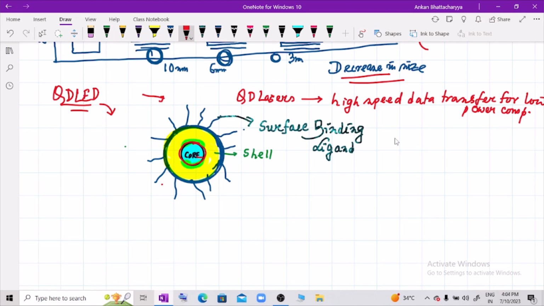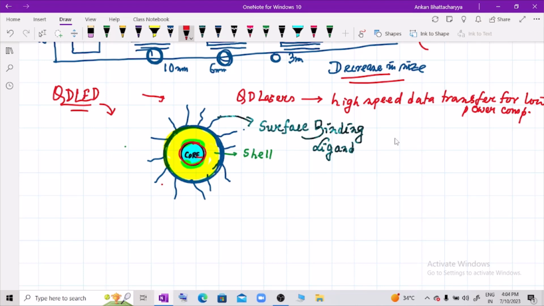The core contains the actual very cytotoxic content, like cadmium or higher order materials, as the centers of the quantum dot. The shell is always required to protect the core region and detach it from the environment, otherwise it becomes toxic in whichever medium it is kept.